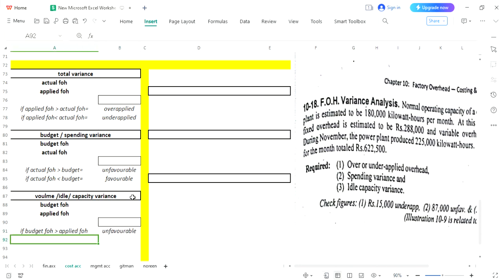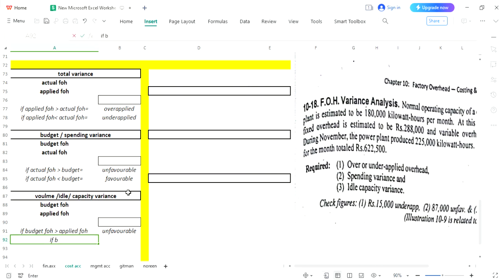Because budget is near to real amount. Why am I saying near to real? Because applied FH is just thinking, just an assumption. You are supposing some expense, while budget is the amount which you will arrange and would be present in your pocket. So it means you are arranging an amount more than that of your thinking. So it will go unfavorable.